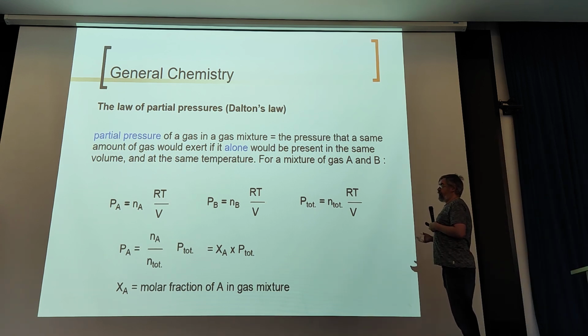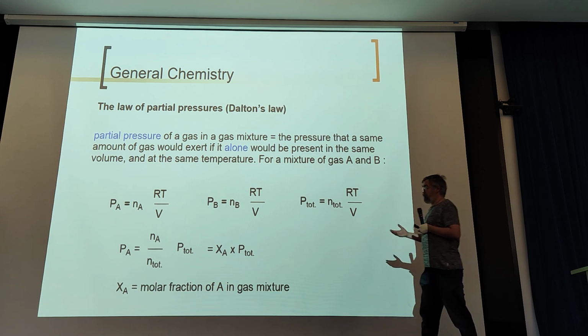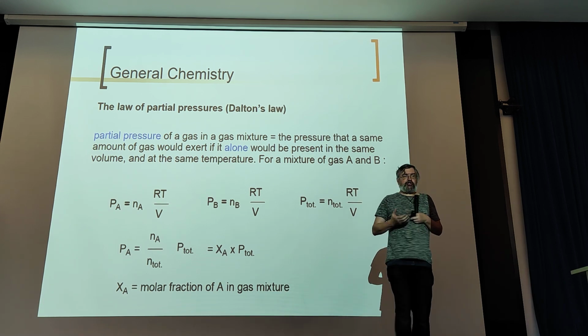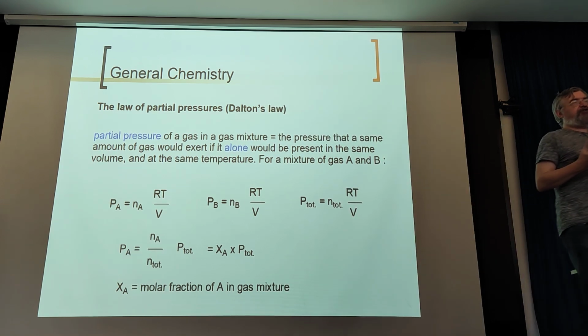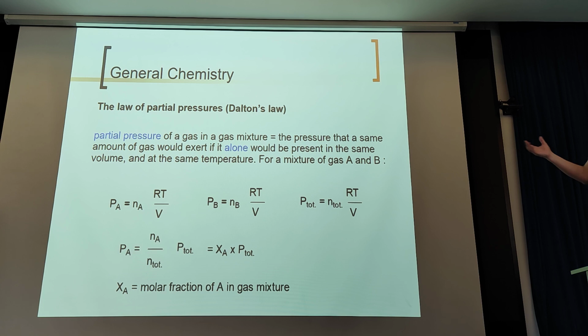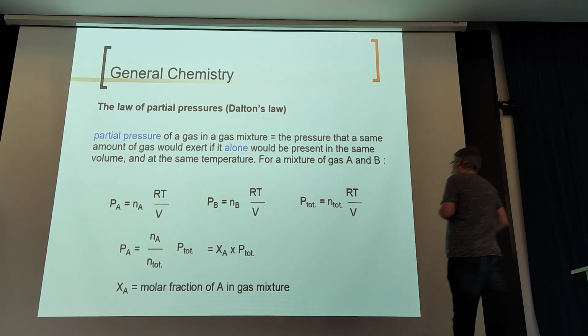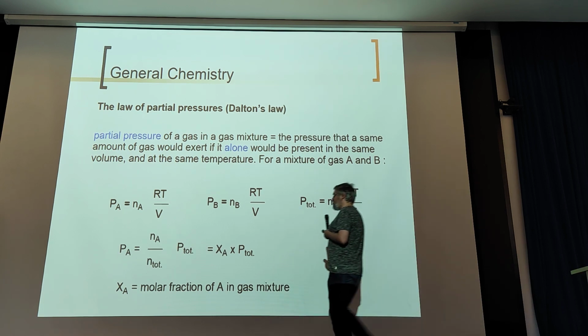In fact, we could say that each of the components in a gas mixture is related to the total pressure. The partial pressure is related to the total pressure by multiplying it with the molar fraction.